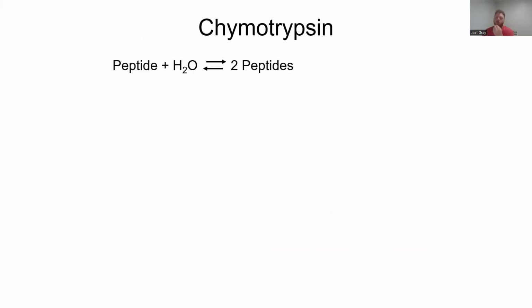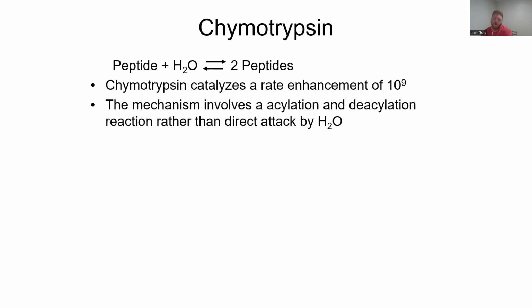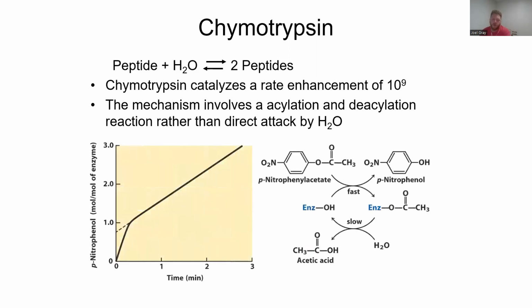So chymotrypsin is going to take a peptide and water, and it's going to release two peptides. Chymotrypsin catalyzes a rate enhancement of approximately 10 to the 9th when you compare the catalyzed to the uncatalyzed reaction. The mechanism is going to involve an acylation and deacylation reaction rather than direct attack by H2O.